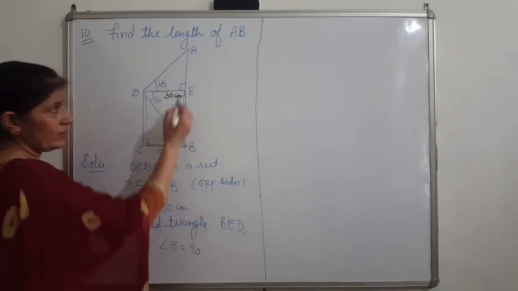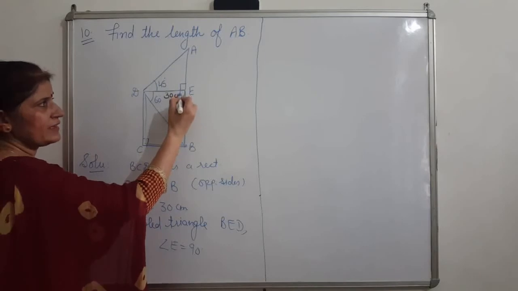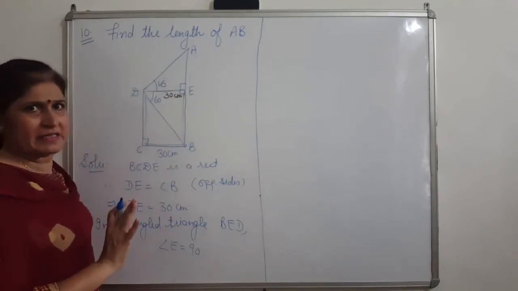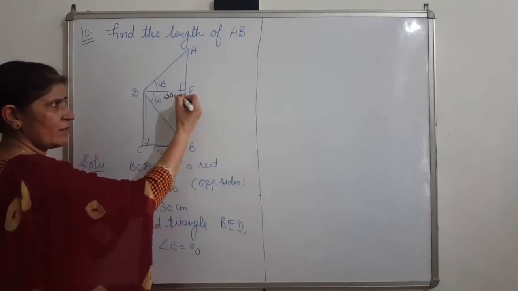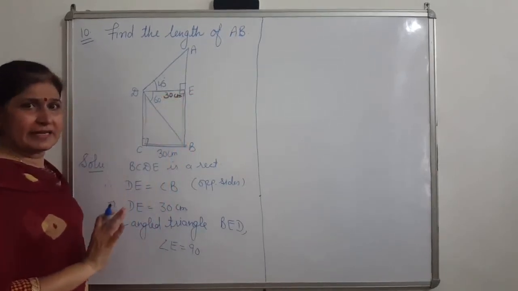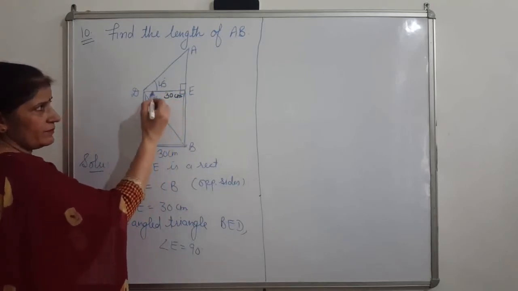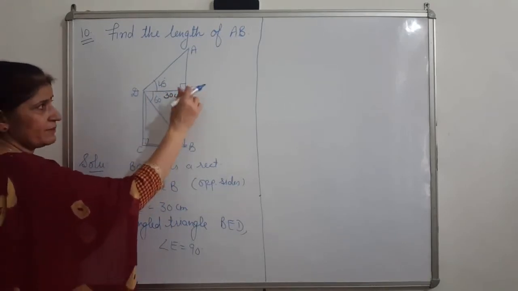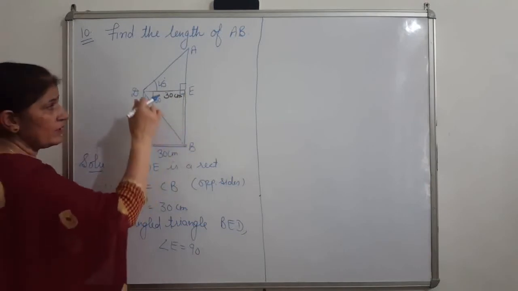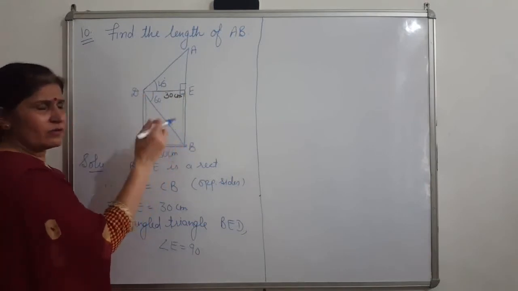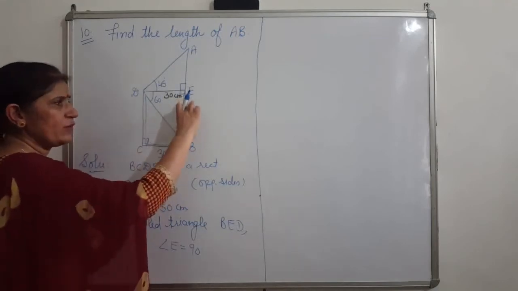Why? When this is 90, automatically this will be 90 because they are making linear pair. We will not calculate here like this. We just write mark here and it is also 90. So, according to this angle, this is base, this is perpendicular and DB is hypotenuse. So, DB we no need to calculate. We have to calculate BE.